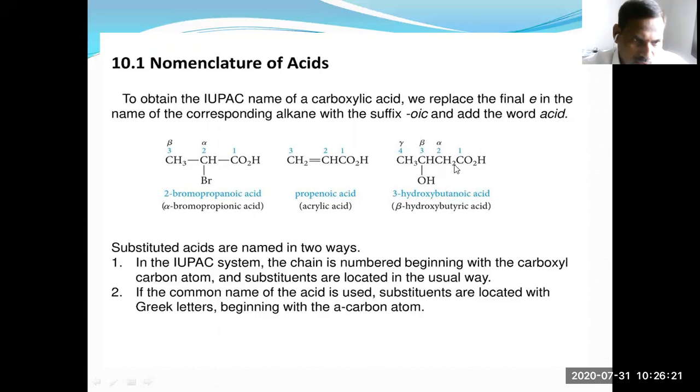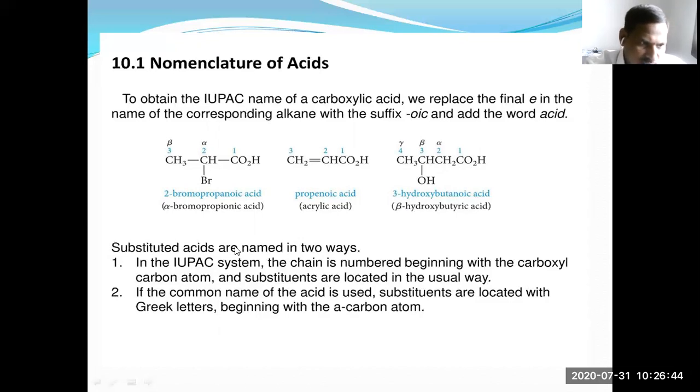The carboxylic carbon is the first carbon, the neighbor carbon is the alpha carbon, the next is the beta carbon, and another neighbor is the gamma carbon. So this is also named beta-hydroxybutyric acid.